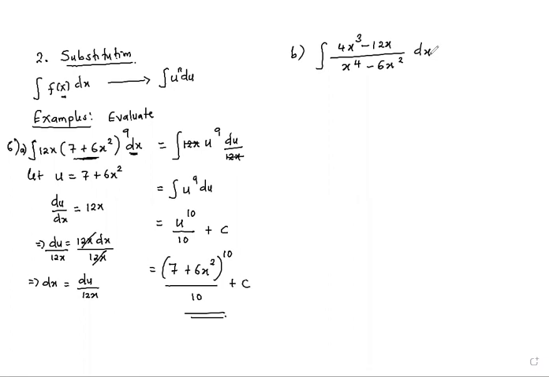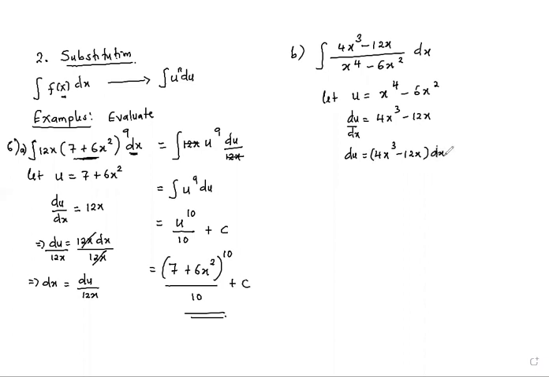You find that the denominator has a power 4, which is bigger by 1 than the power 3 in the numerator. So you'll say, okay, then my u is going to be the denominator, x4 minus 6x squared. Then you differentiate. We're getting 4x3 minus 12x. So if you cross multiply, we have du is (4x3 minus 12x) multiplied by dx.